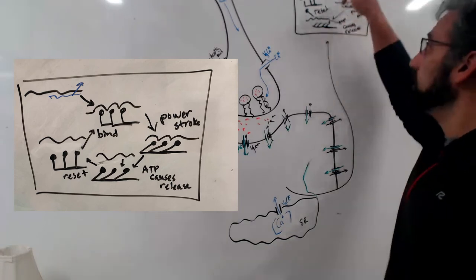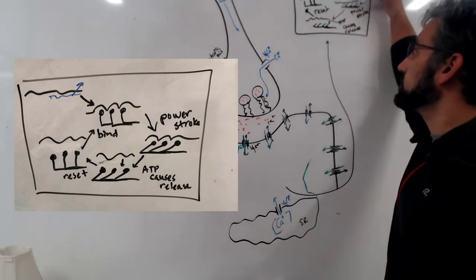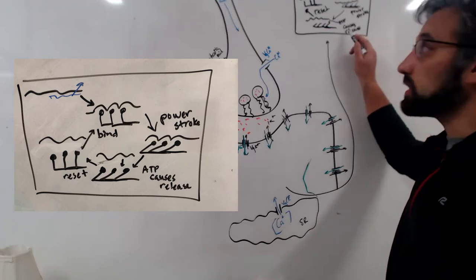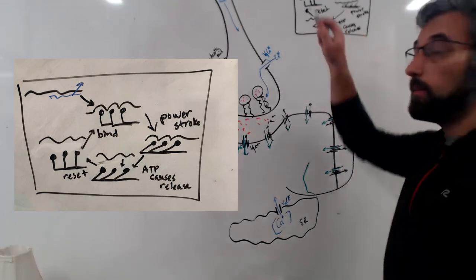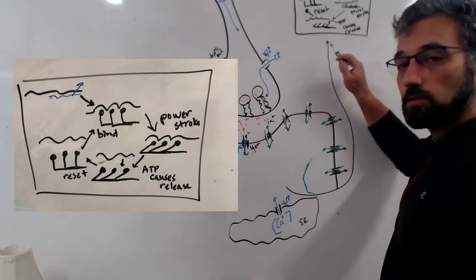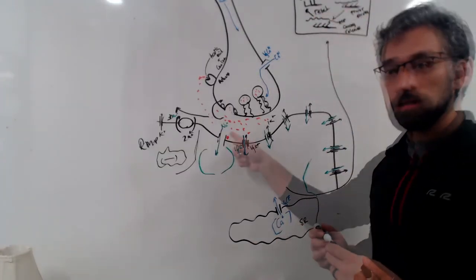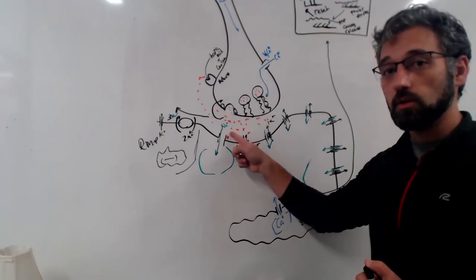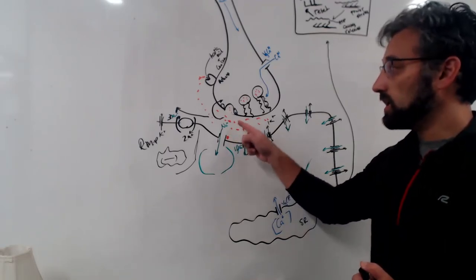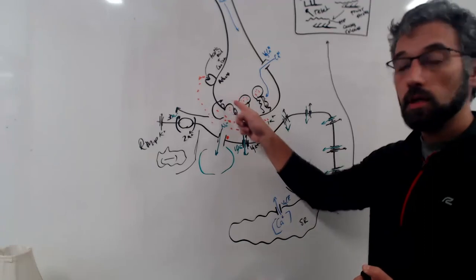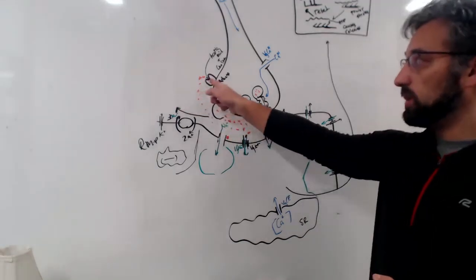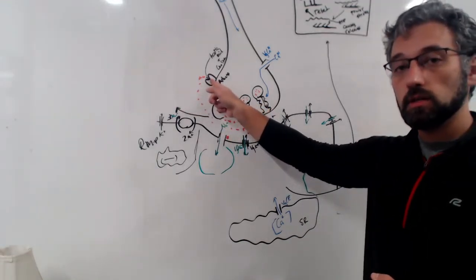And then we repeat. Bind, power stroke, ATP causes release, reset. Bind, power stroke, ATP causes release, reset. And this happens as long as this calcium is present, or as long as acetylcholine is present in the cleft. Once again, acetylcholine can either be retaken up, it can diffuse away, or it can be broken down by acetylcholinesterase.